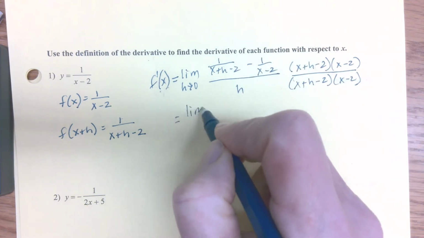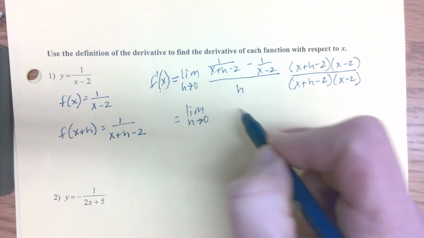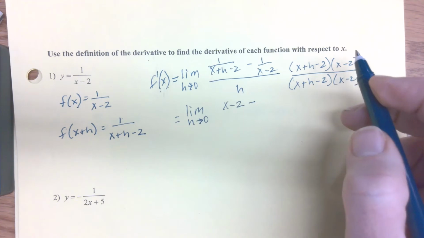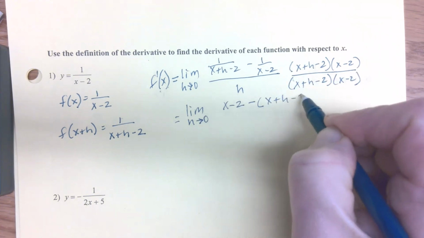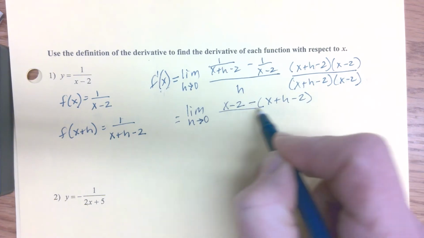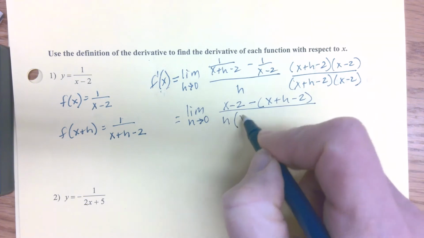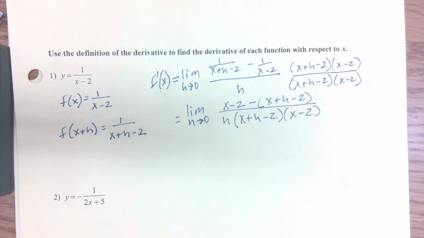That leaves me with a limit as h approaches 0 of just the x minus 2, and in the second fraction the x minus 2 cancels out, and that'll leave me with the x plus h minus 2, but I have to remember that I'm subtracting that, so I'm going to have to distribute that through, all over h times x plus h minus 2 times x minus 2.